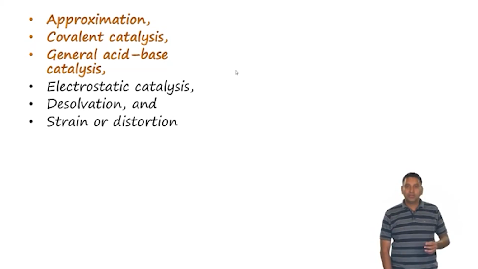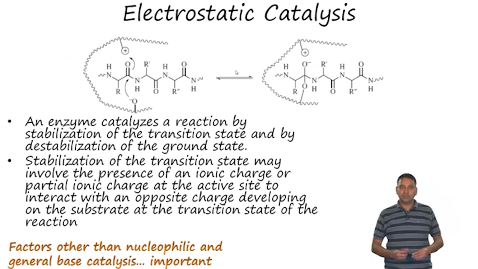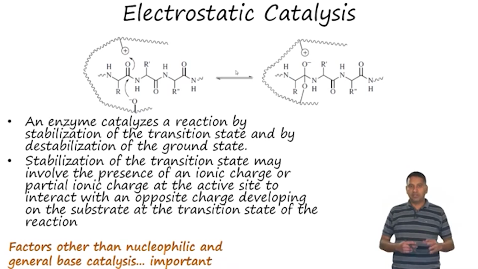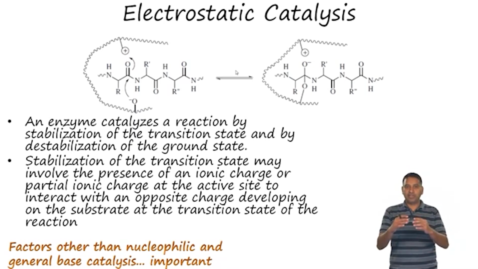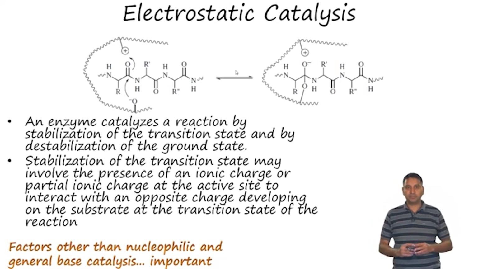Okay. So, in electrostatic catalysis, what happens is that the transition state that is produced during a reaction is actually stabilized by residues in the active site. Here the transition state will most likely involve the generation of an ionic charge or a partial ionic charge.